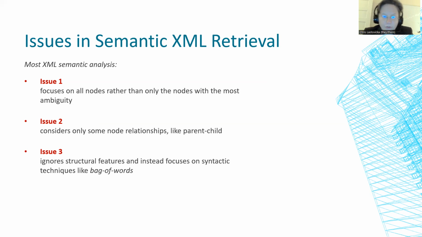And a third issue is that it may completely ignore the structural features, how the structure is put together, focusing only on syntactic techniques, like using the bag of words paradigm.